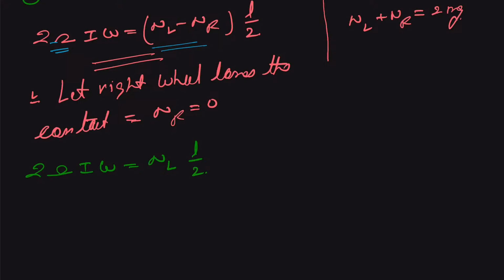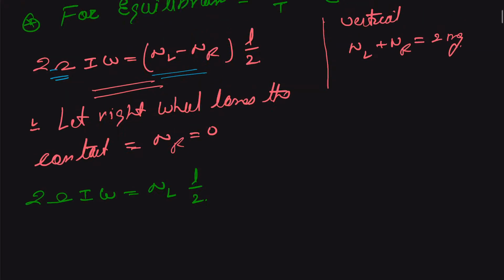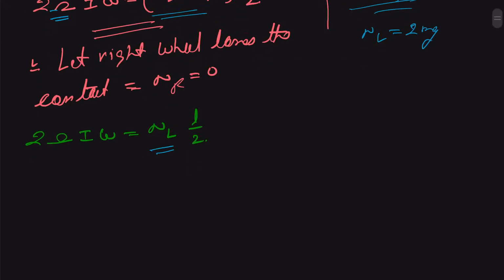Okay. And we can use this vertical equation, substitute the value of the normal to the right as 0, so we get our normal to the left is equal to twice mg. This is the only significance of this particular equation. So we substitute here, and we get this over twice mg times L by 2.